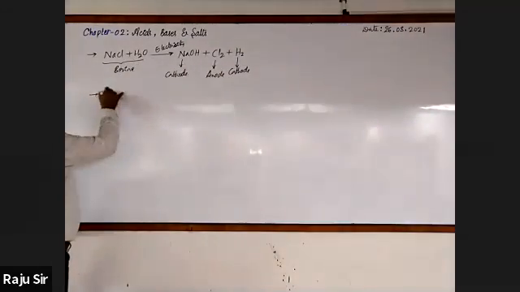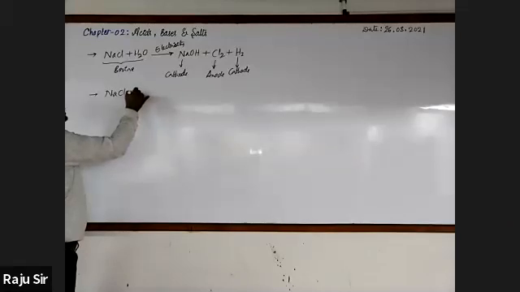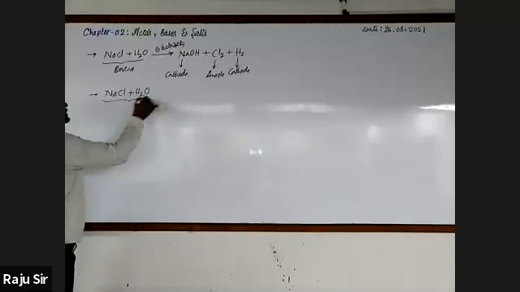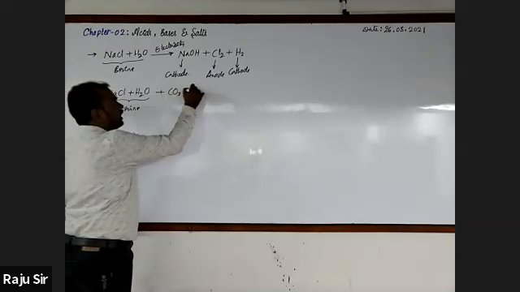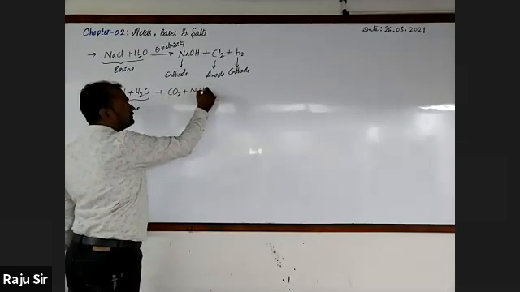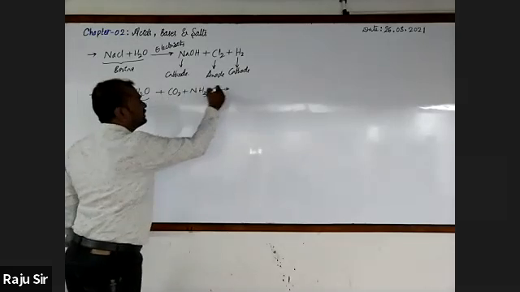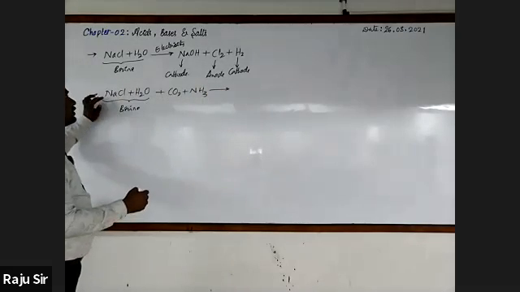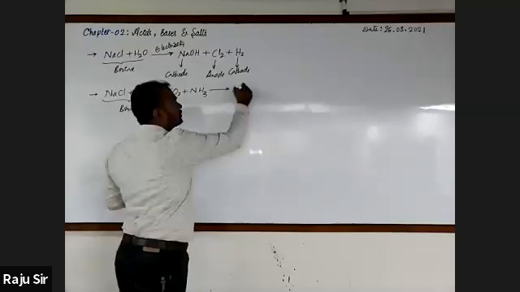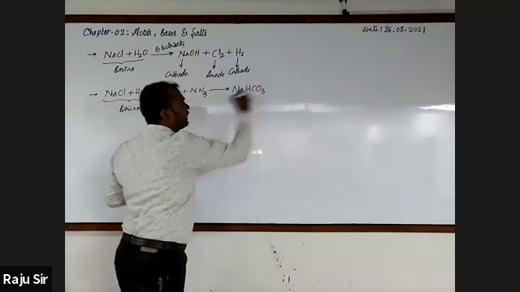Here I write brine solution NaCl H2O, that is concentrated solution of sodium chloride. When you pass carbon dioxide and ammonia, it produces the compounds, one is sodium bicarbonate.